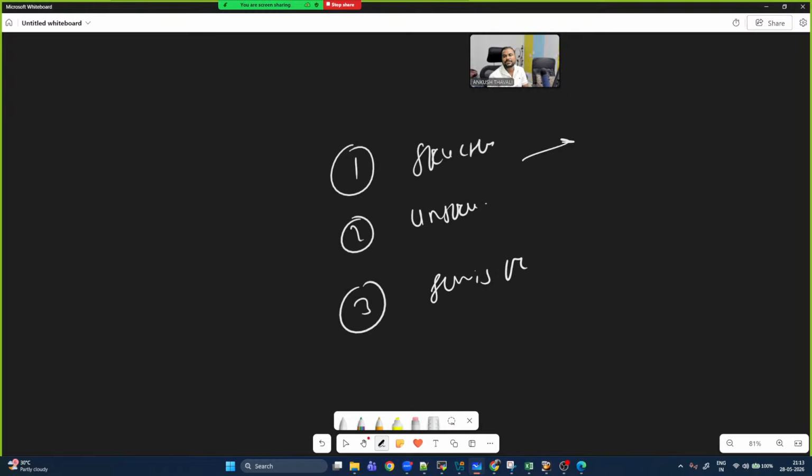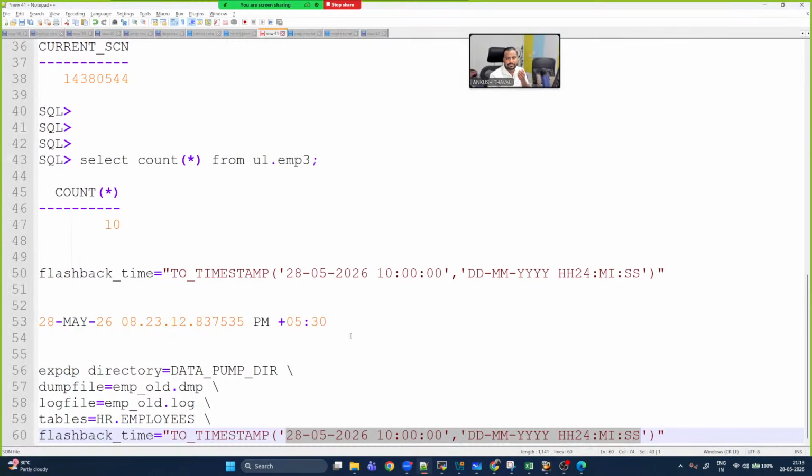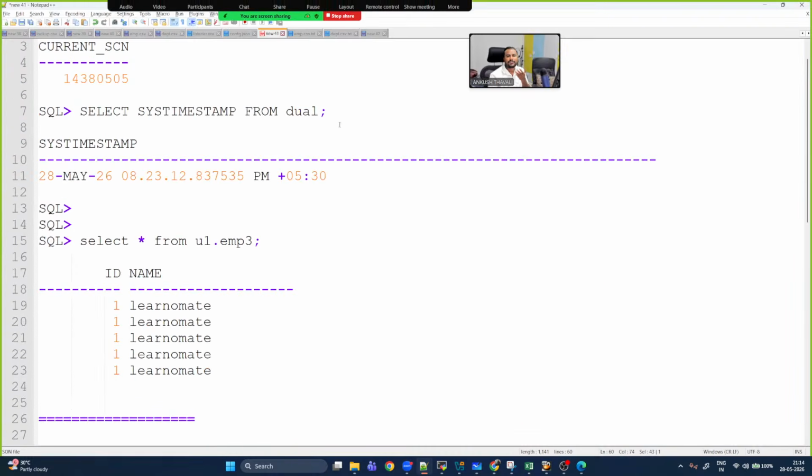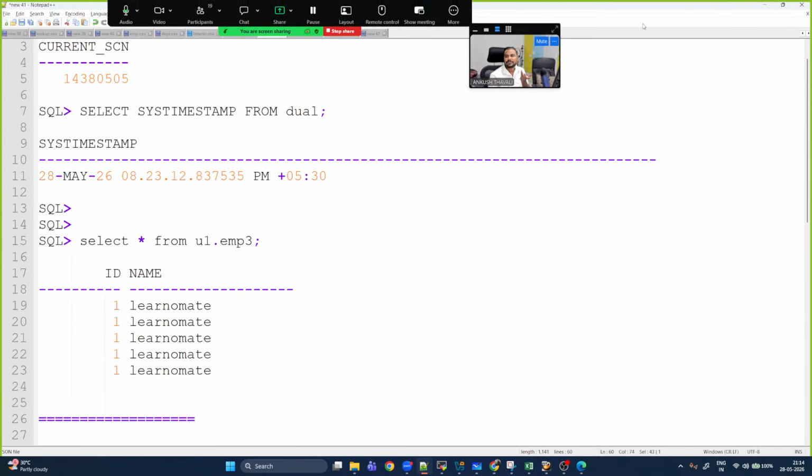So what is meant by structured data? Any data which can be stored in the form of rows and columns, we call it structured data, just like a table. Unstructured means data which cannot be stored in the form of rows and columns, like a log file. If I open this log file, you can see there is no structure.